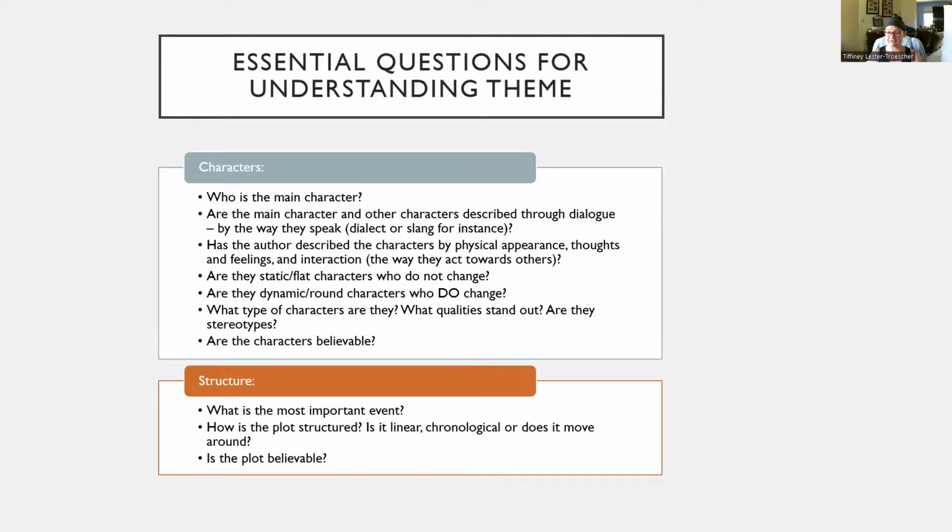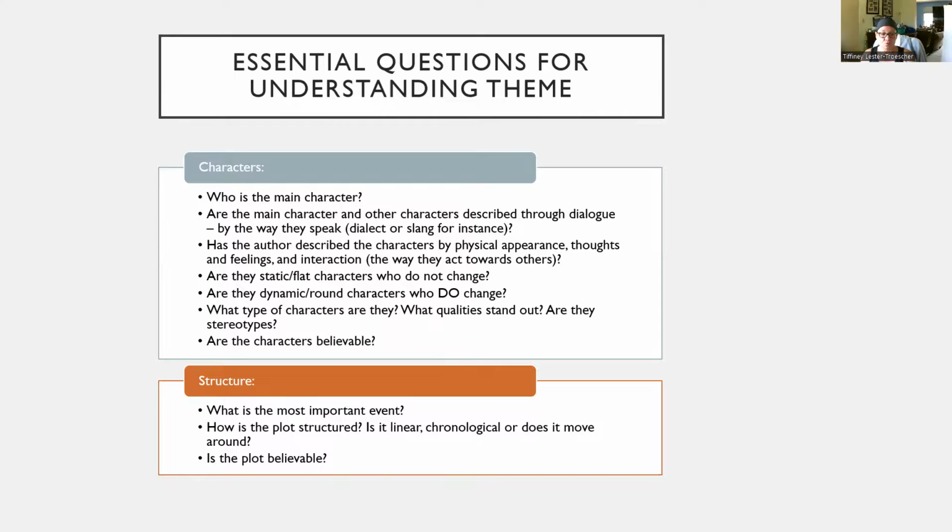Are they static and flat characters who don't change? Are they dynamic round characters who do grow and change? What type of characters are they? What qualities stand out? Are they stereotypes? Are the characters believable? Answering these questions about character can help you get closer to the theme.